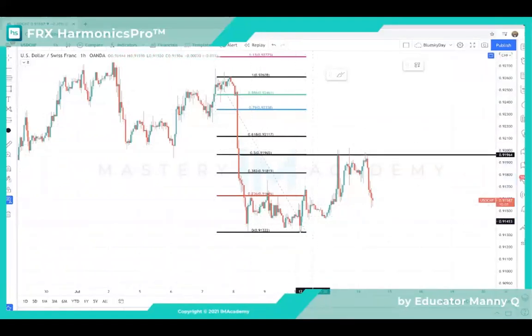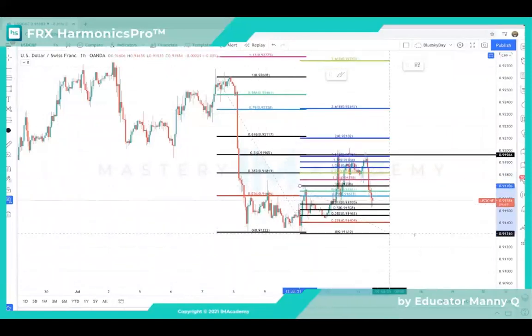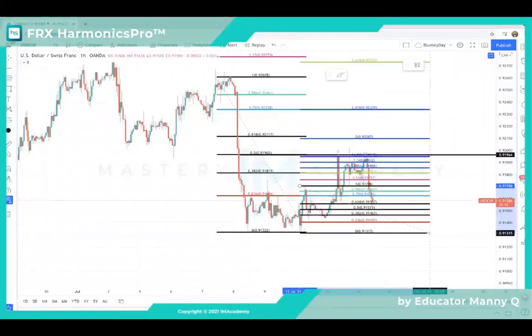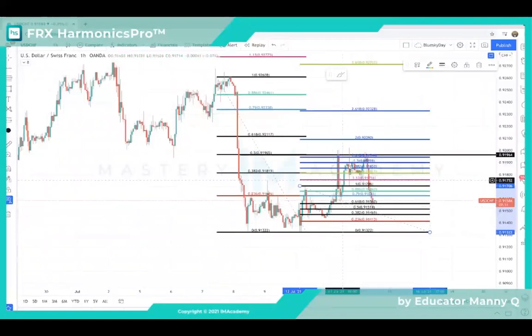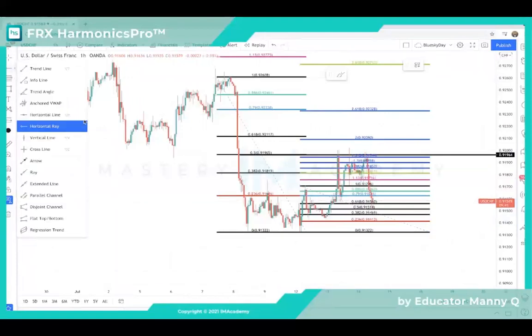You see that pullback? If you look at the Fibonacci pullback from this high to this low, right over here, after the market pulled back to the 618, look at how the market came right here to the 1618 as well on the extension.